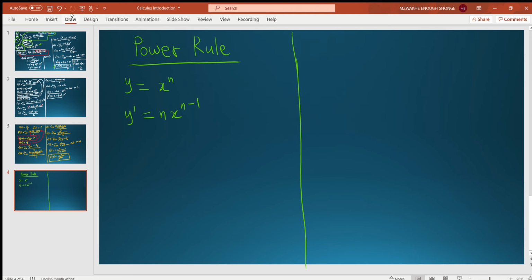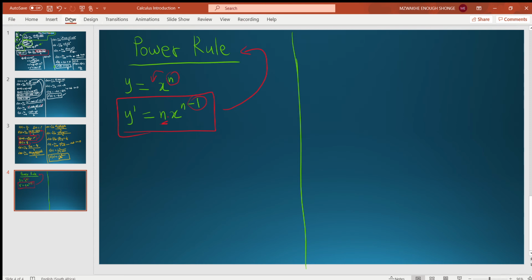Basically what happens here is that you take this n and multiply it with whatever is before x. In this case there's 1 here, so you say n. Then you write your x, then you say to the exponent n minus 1, and this will give you your derivative. This is what we call the power rule.